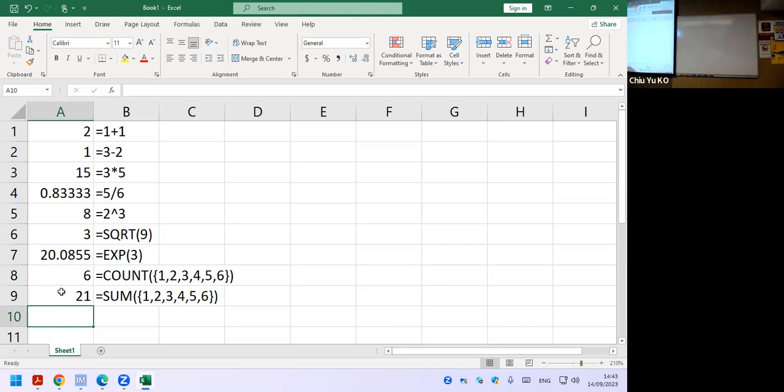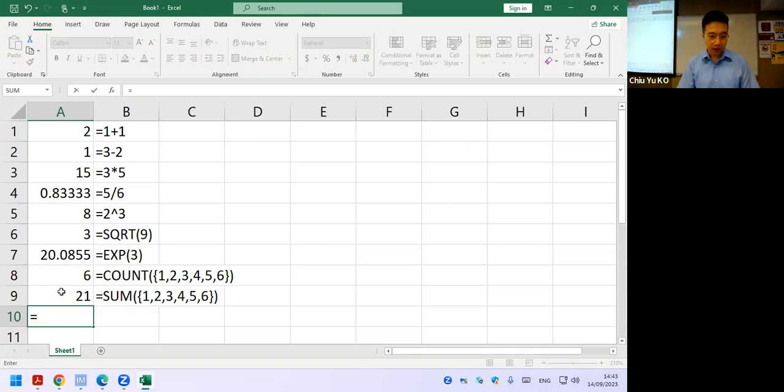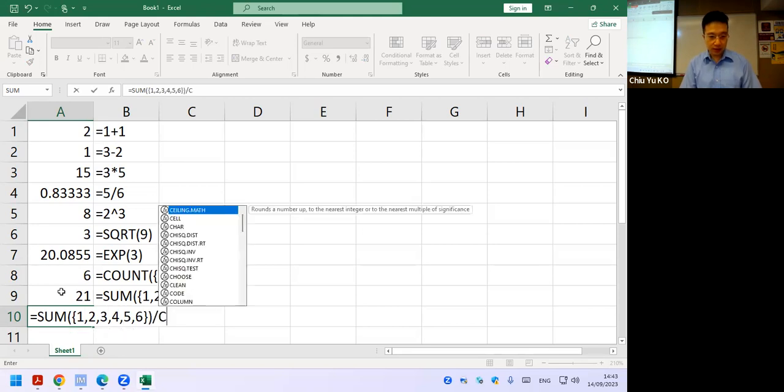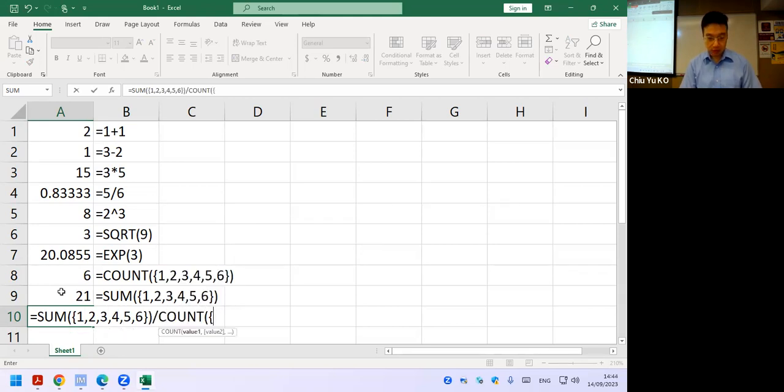So by definition, you should see how you can do the mean, by dividing one over the other. But that is the way you could do it, although later you will see this is not a very good way to do it, but okay, we can do this. 1, 2, 3, 4, 5, 6.